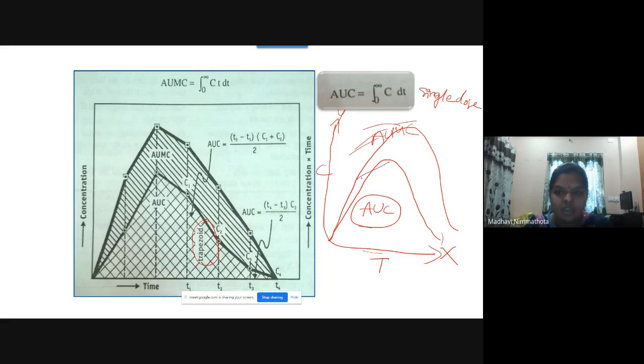Here some blocks are there under AUC, with horizontal and vertical lines. Under AUMC, you have only vertical lines like this. So this is called AUC and this is called the area under the first moment curve. So it will follow the trapezoidal rule.